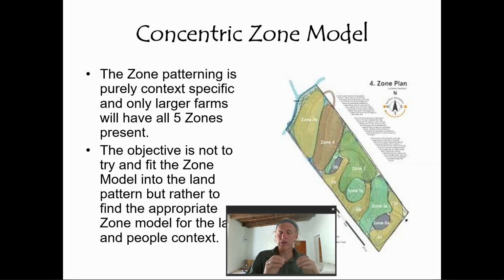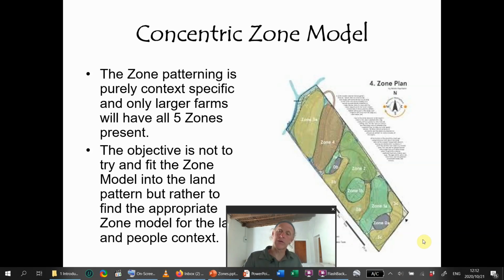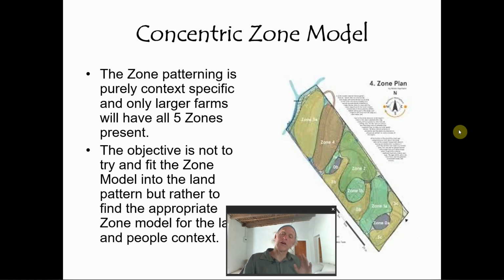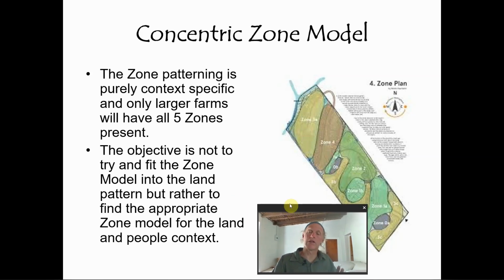They're 2 different systems, but they're all zone 3 in characteristic. Okay, so we're not going into this trying to fit the concentric zone model into reality. We are just applying it in an appropriate manner that is relevant to circumstance. Okay, relevant to the human and landscape context.